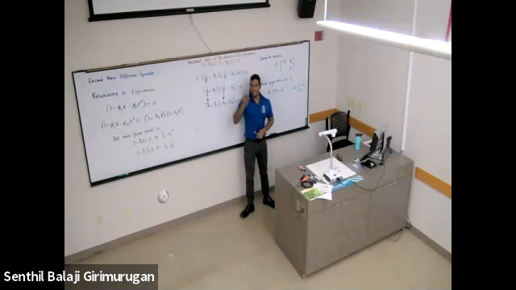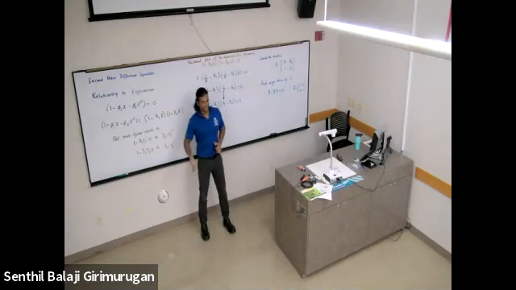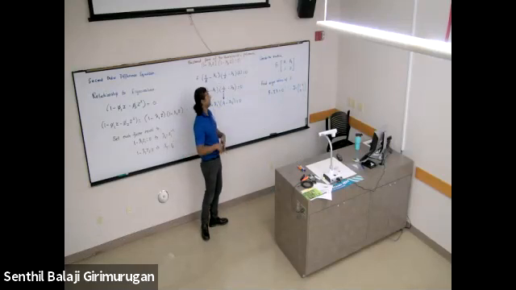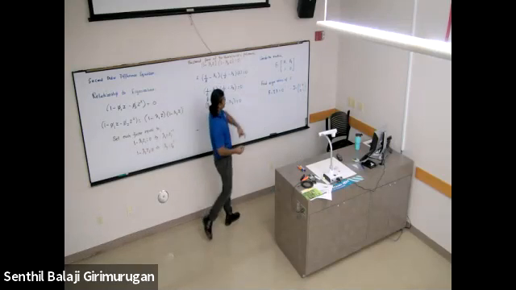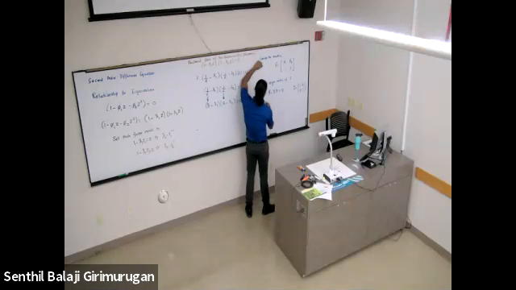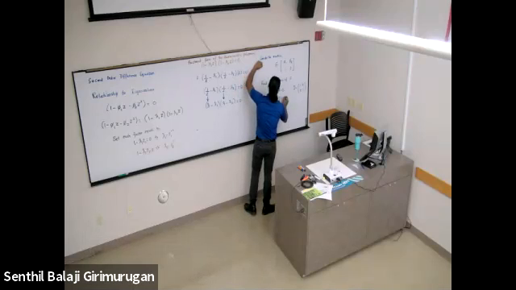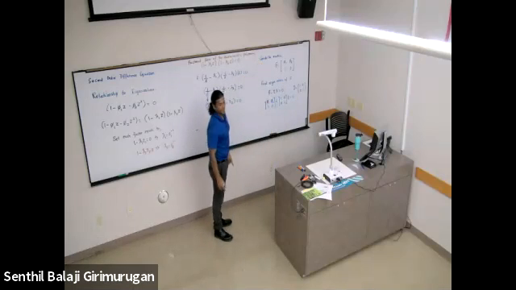If you multiply any matrix by the identity matrix, you end up getting the same matrix, which is why we call it the identity. So that's what I'll end up having.